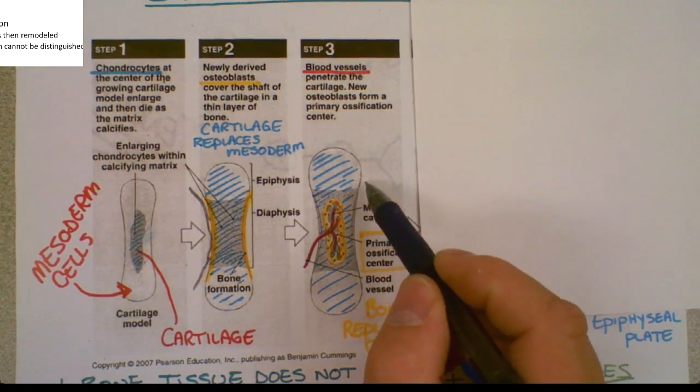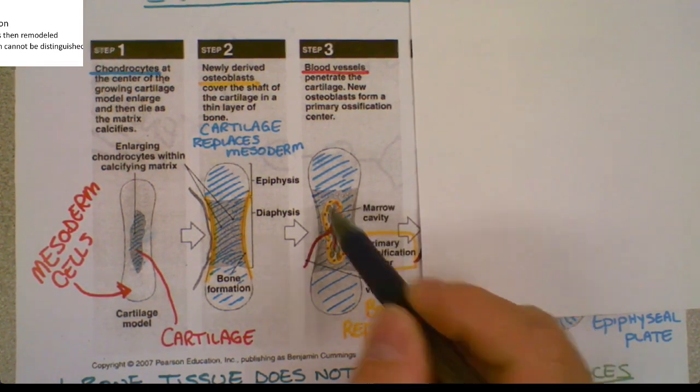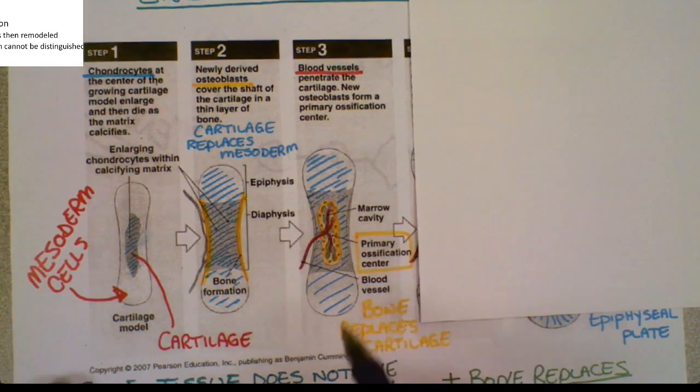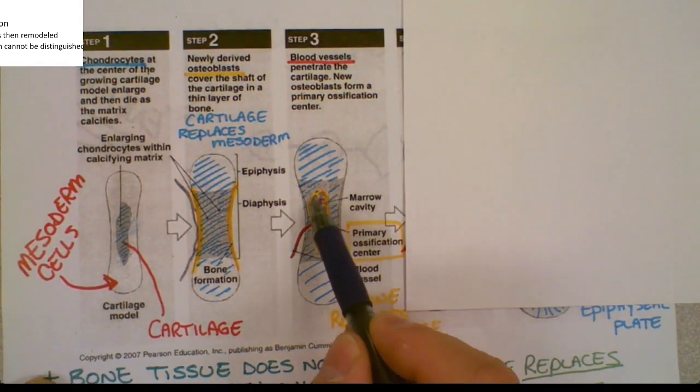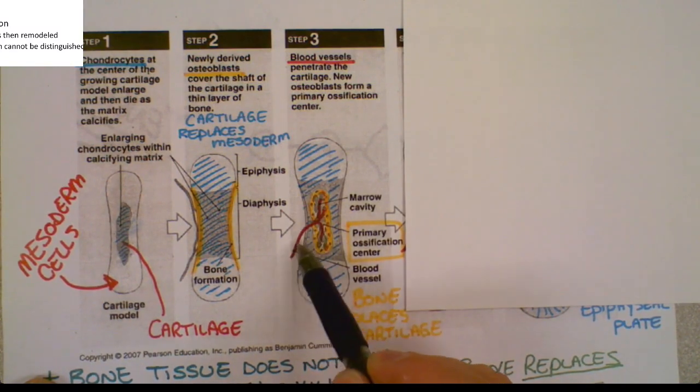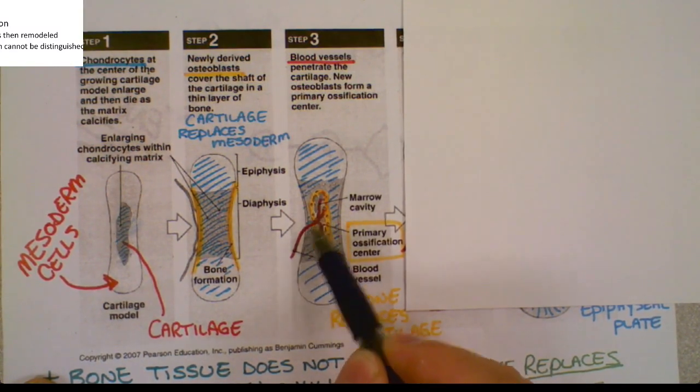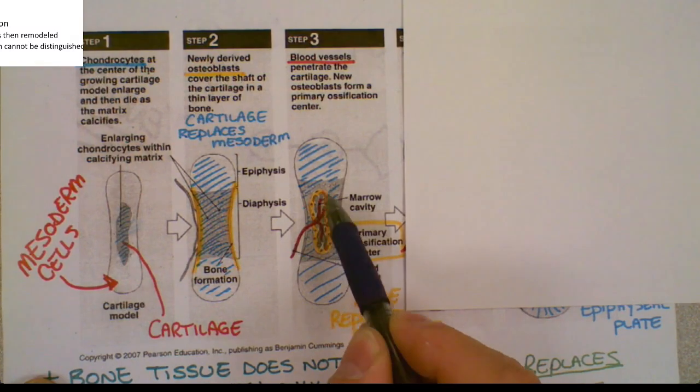So we have the development of bone on the outer edges of the shaft, but we also have bone developing inside as these blood vessels carry the bone cells into the cartilage model.